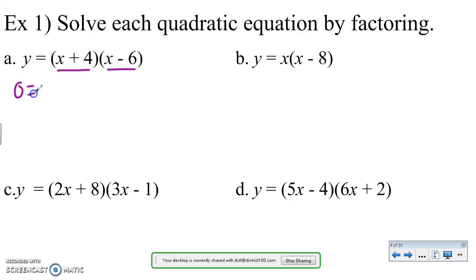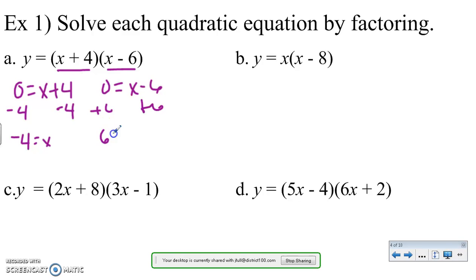So we're going to do 0 equals x plus 4, and 0 equals x minus 6. Okay, so I have two parts there. We're going to solve each one. We're going to subtract 4 from both sides, so I get negative 4 for the first one. And we're going to add 6 to both sides, so we get 6 for the second one. So those are my two answers. We get negative 4 and 6.